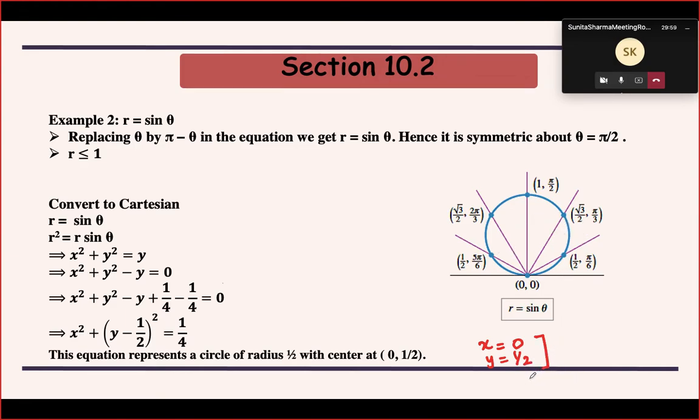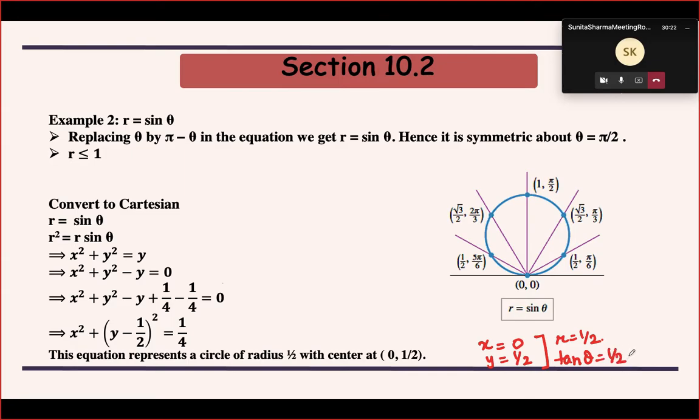So what will be the value of your r? R will be half. Okay, as in this r is not this r. I mean, this one is denoting the coordinates of the corresponding center. Okay, so this is half, and your tan theta is half.